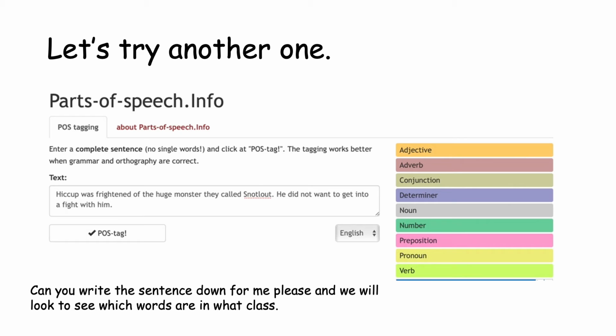So you could be underlining these words the different colours. Okay? He did not want to get into a fight with him. So he is a pronoun because it's replacing the word hiccup. Did not want. He is the pronoun. Did is the verb. Not is the adverb.